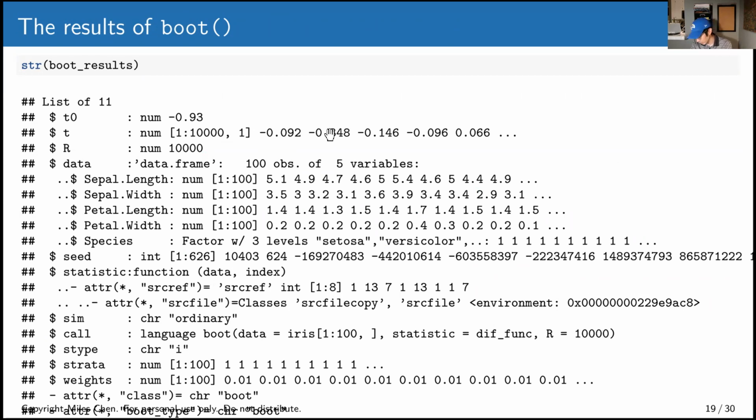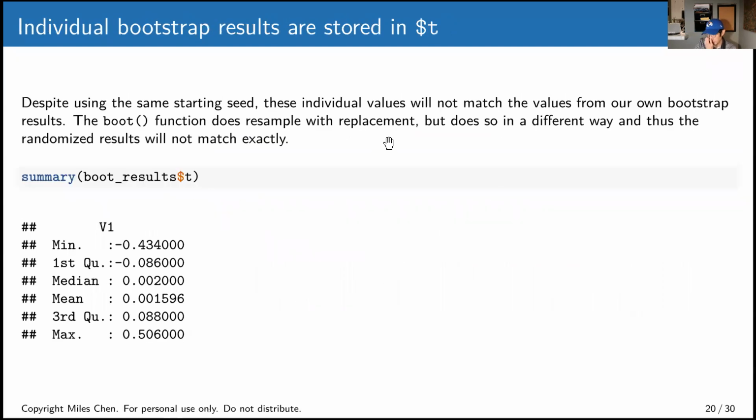Another bootstrap resample, I got a difference of -0.348. Another, I got a difference of -0.146, et cetera. So we can see what kind of values we get. Most of the time we got values around 0. Now these values aren't exactly the same as the bootstrap results that we got when we did it manually, and that's because the way boot does its random sampling is ever so slightly different from a naive call to sample, but it still does sampling with replacement.